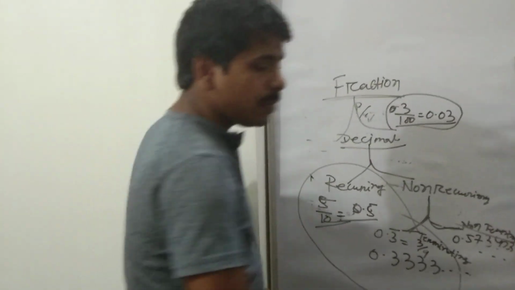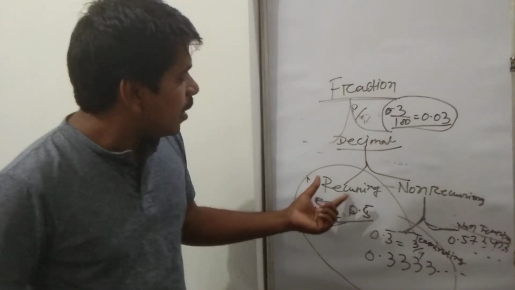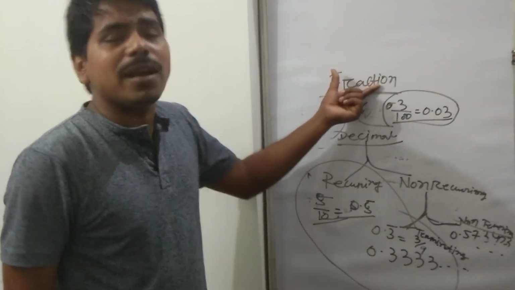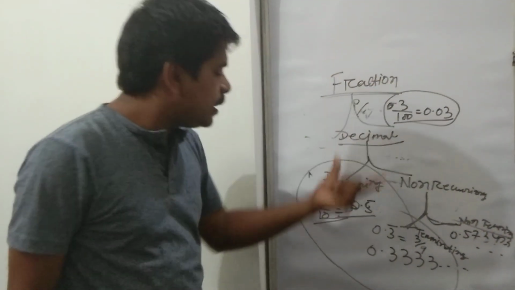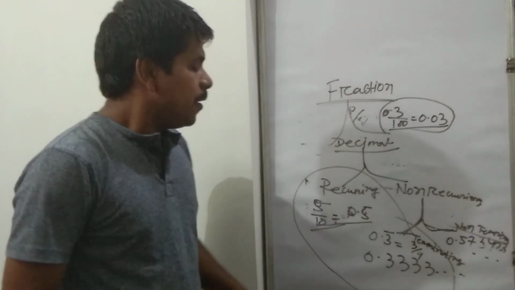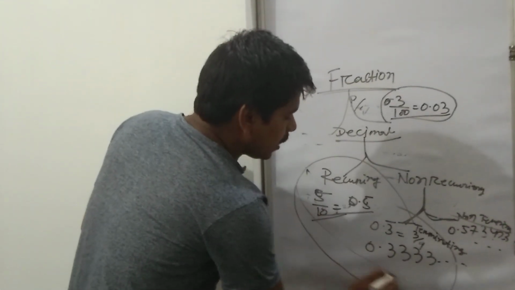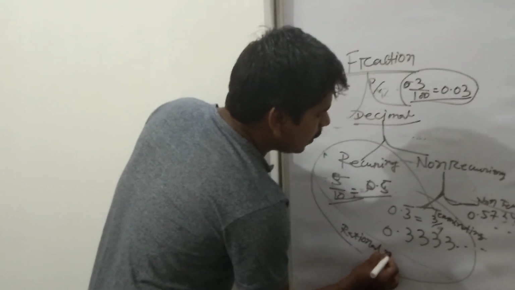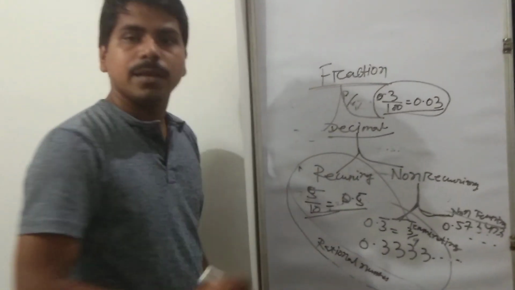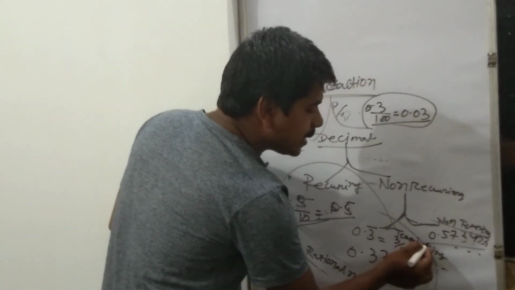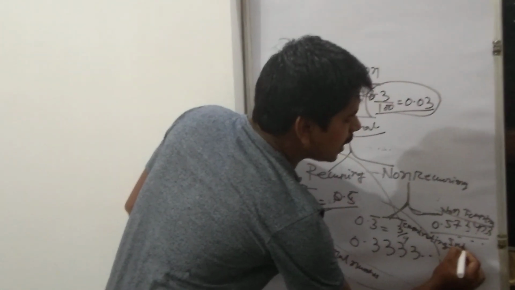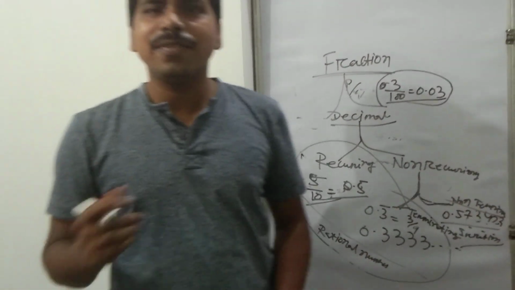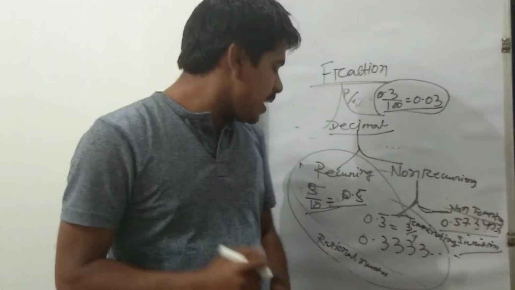Okay? So this one, the recurring and terminating, we can transfer to the fraction form. So this one is called the rational number. And which is non-terminating, that is called the irrational number. What is the rational number?